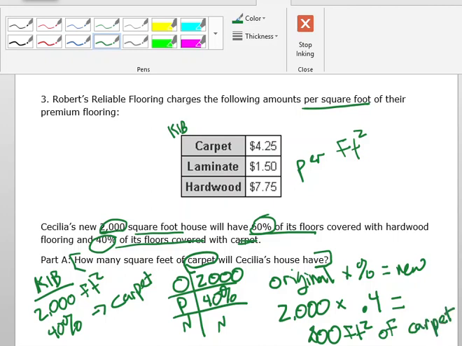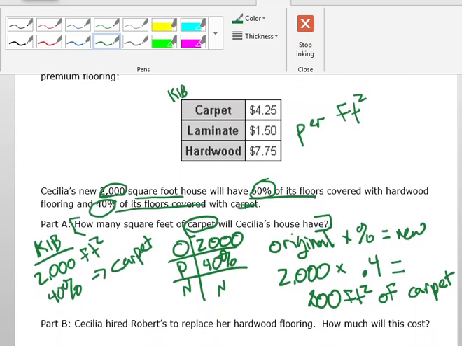All right, so Cecilia is covering 800 feet of her floor with carpet. I just want to make sure I've finished with part A. So, yep. And I'll put a little box here.